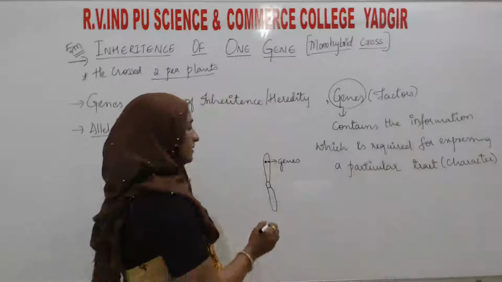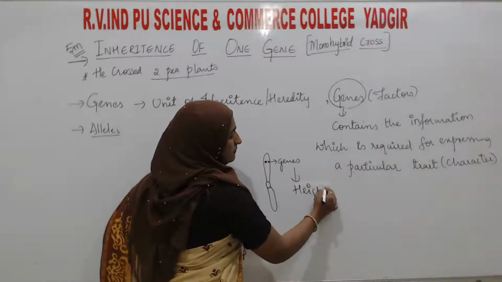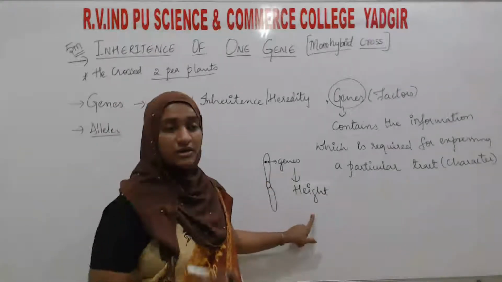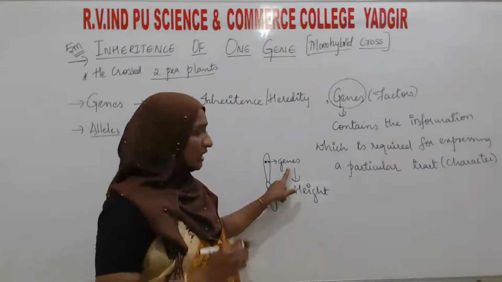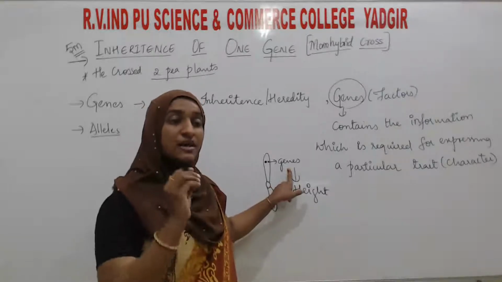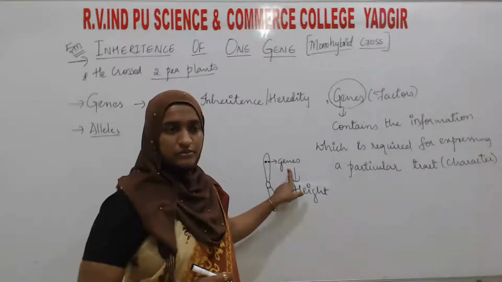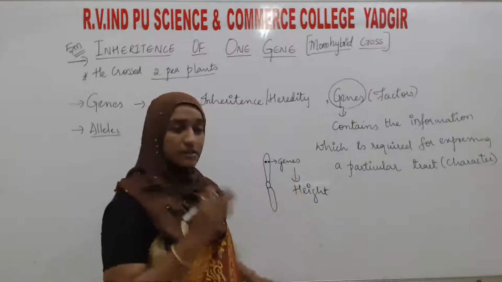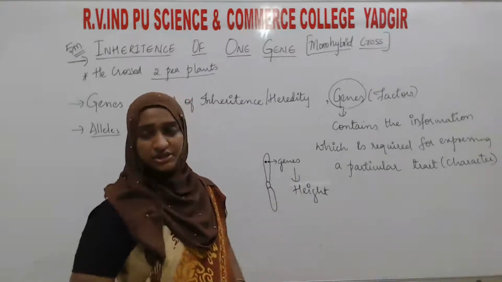For example, this gene is responsible for what? Height. This gene is responsible for the height of the plant. So this gene will have the information whether the height should be tall or dwarf. It is going to carry the information whether the height of the next generation should be tall or dwarf.